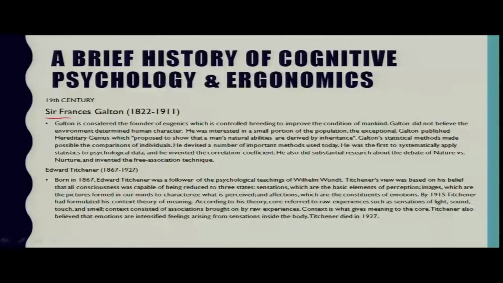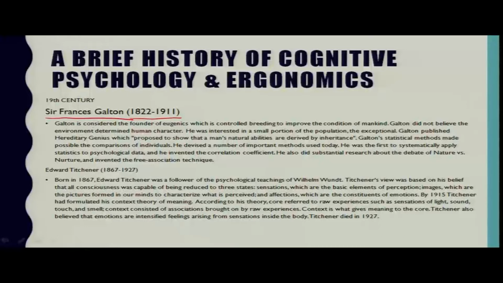just to cover some of the cognitive psychology part, I have put some of the historical points here. It is also essential to recall those scientists and researchers that have contributed in that particular domain. So Sir Francis Galton, whose tenure was from 1822 to 1911.